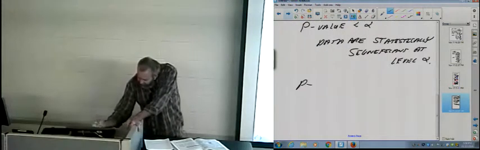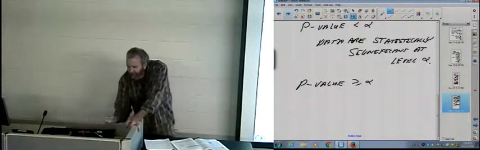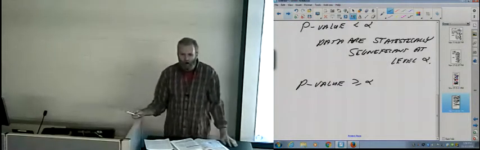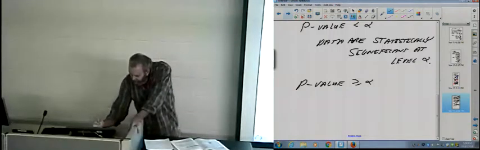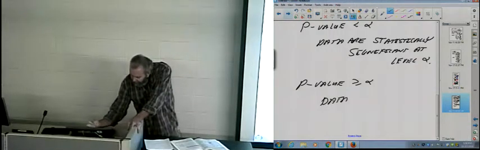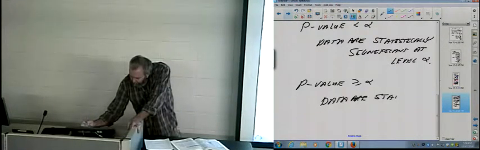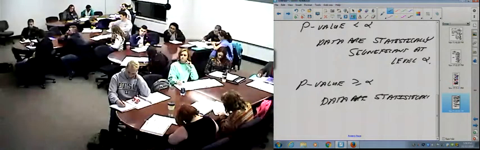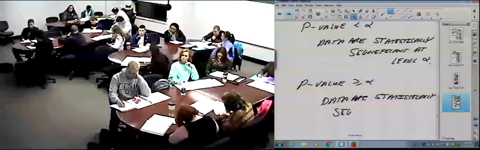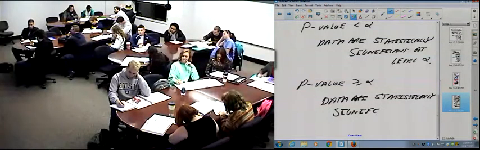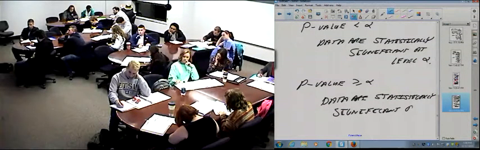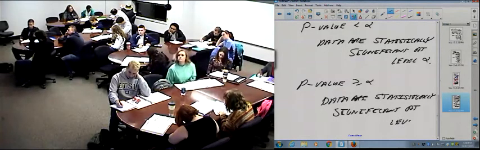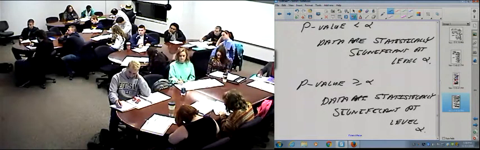If your p-value is greater than or equal to your significance level, you are not far enough out the tail, so the data are not statistically significant at level alpha.